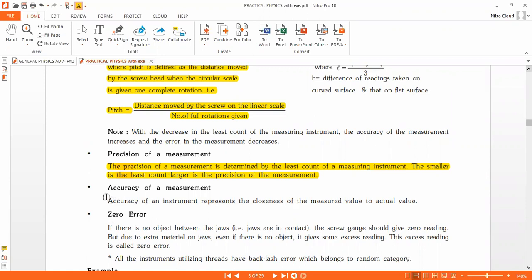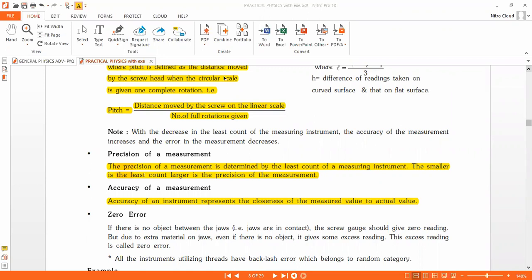Then accuracy. Accuracy of an instrument represents the closeness. Suppose, let us consider what the time is now. In my watch, I can say it is 6:38.